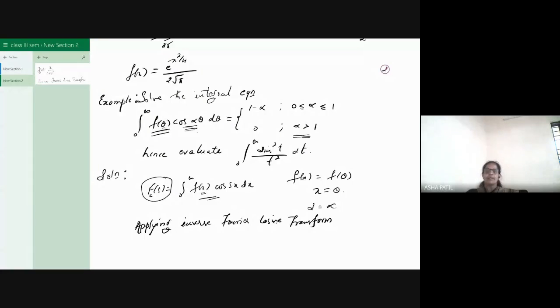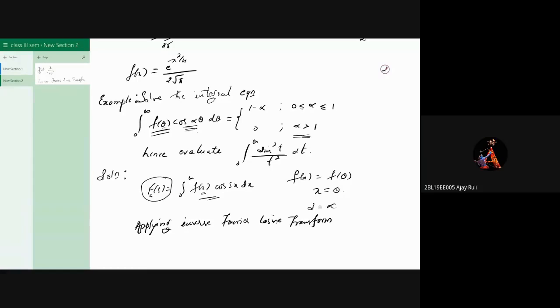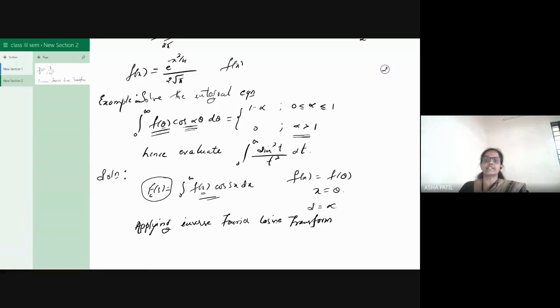In terms of the variables that are given in the example, what will you write? Usually, I'll write it up here. You will write f of x is equal to 2 by pi integration from 0 to infinity Fc of s into cos sx ds. This is what you will be writing usually, this formula.